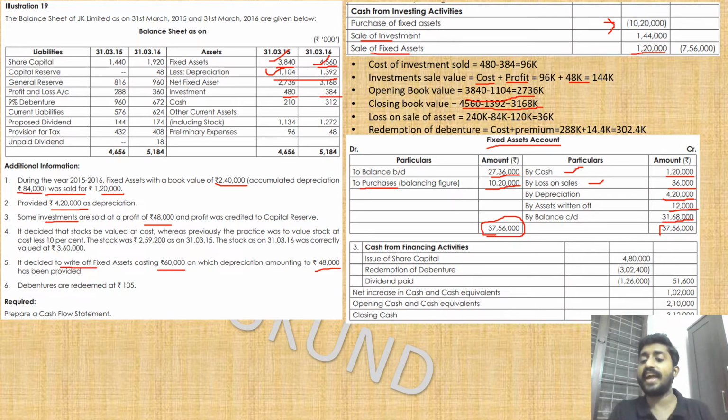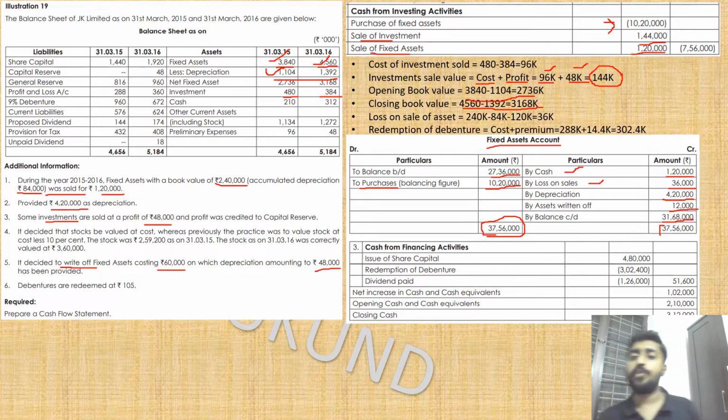So 4 lakh 80,000 minus 3 lakh 84,000 is 96,000, which is the cost. The balance sheet asset side will be booked in the cost only. So cost has gone down by 96,000, while there is a profit on the sales, that is 48,000 added. Total sales amount will be 1 lakh 44,000. Since it is a sale, it is a cash inflow of 1 lakh 44,000.